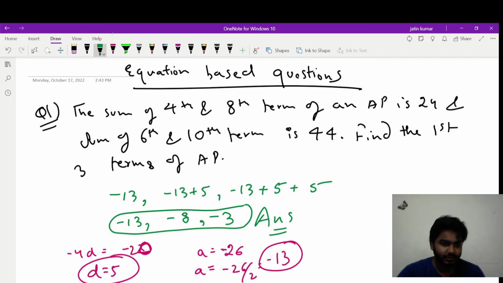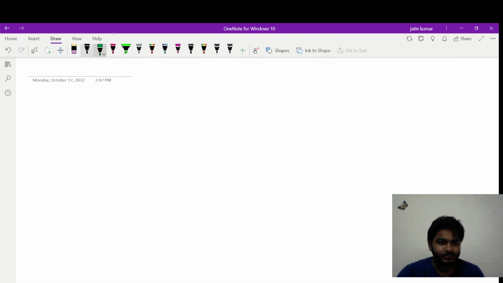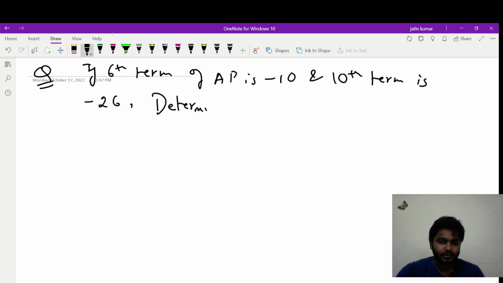Okay, now one more question we will do, equation based. The next question is, if the sixth term of an AP is minus 10 and the 10th term is minus 26, determine the 15th term.